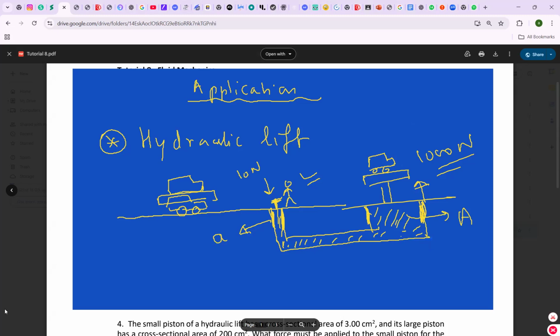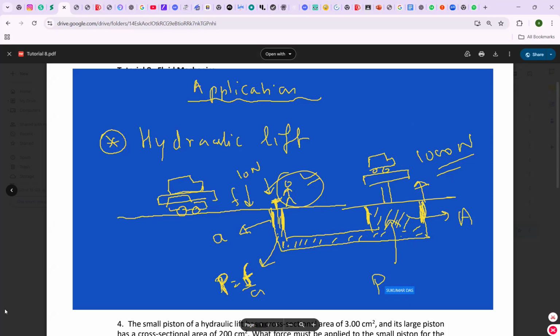When this service person applies a small force on this piston, the pressure developed here is given by small f by small a. This pressure will be equally transmitted to the other side.